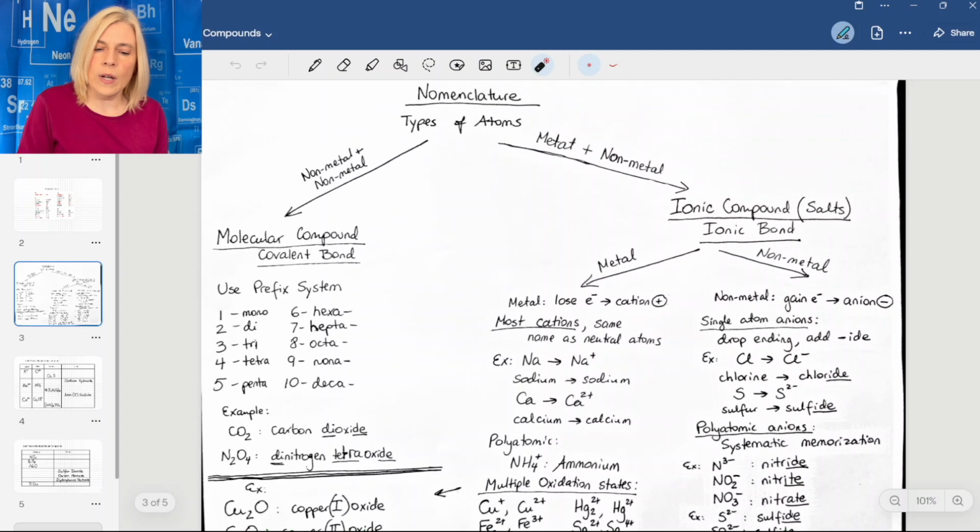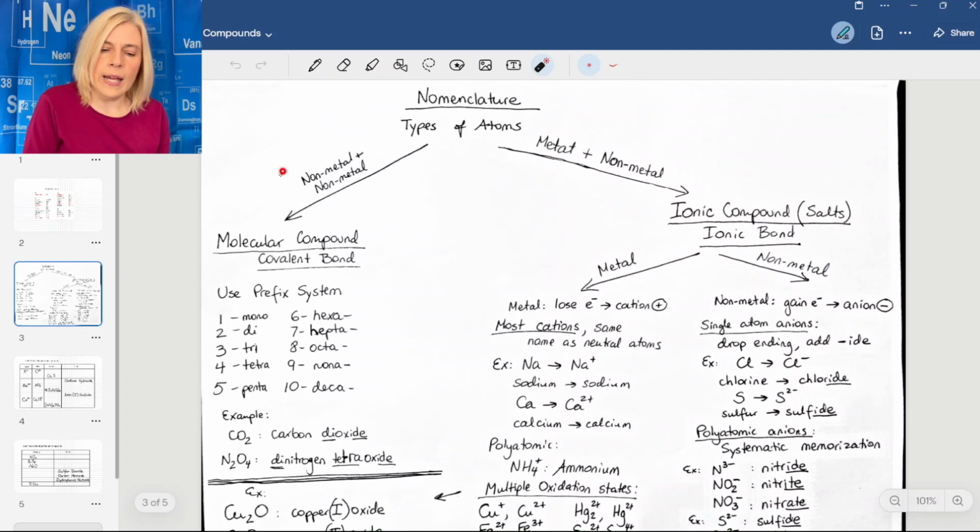Now, if you have a non-metal plus another non-metal, you're going to have molecular compounds. They are held together by covalent bonds. With molecular compounds, you are going to use the prefix system. Here is the prefix system. 1 is mono, 2 is di, 3 is tri, 4 is tetra, 5 is penta, like the Pentagon in Washington, D.C. 6 is hexa, hexagon.